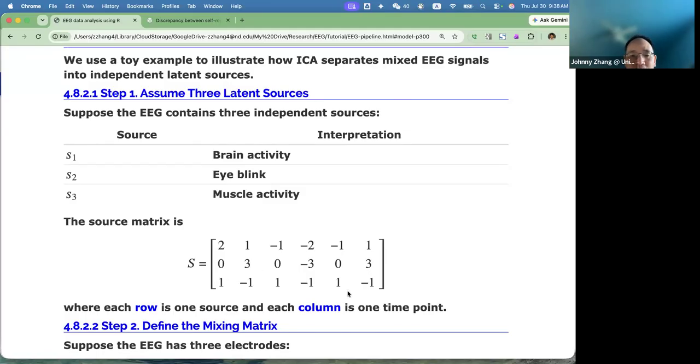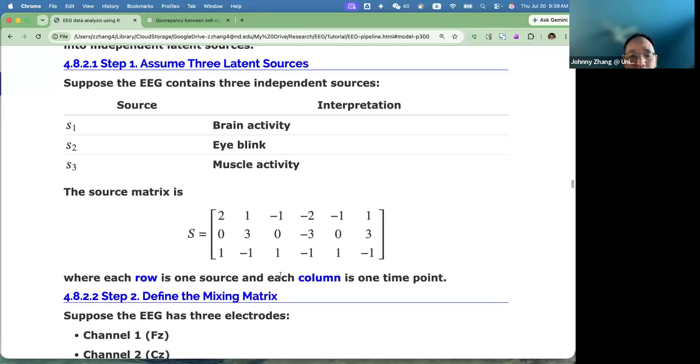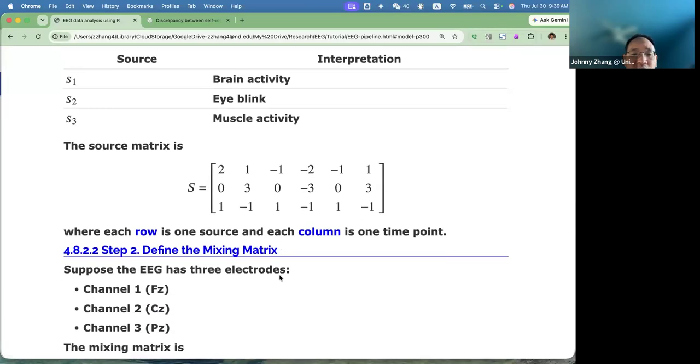Okay. So when we collect information through the electrodes on the head, the information is basically a mixture of the three sources of information, and then it generates the time series plot I showed you earlier. Suppose we put three electrodes on your head. So we have three channels: FZ, CZ, PZ.